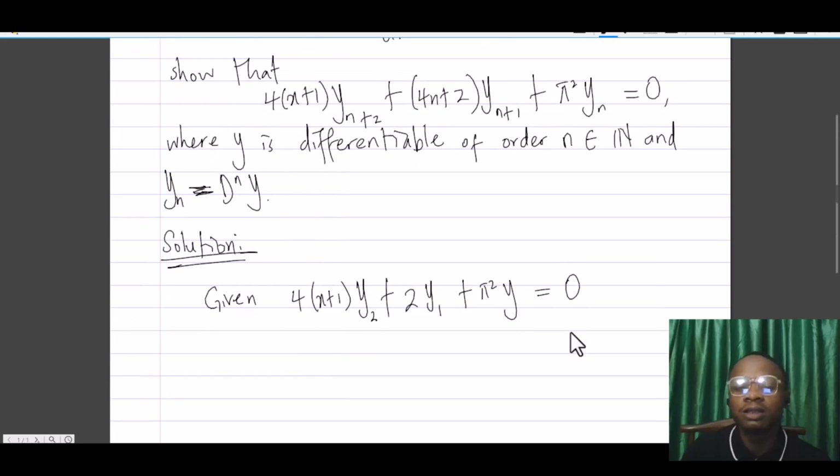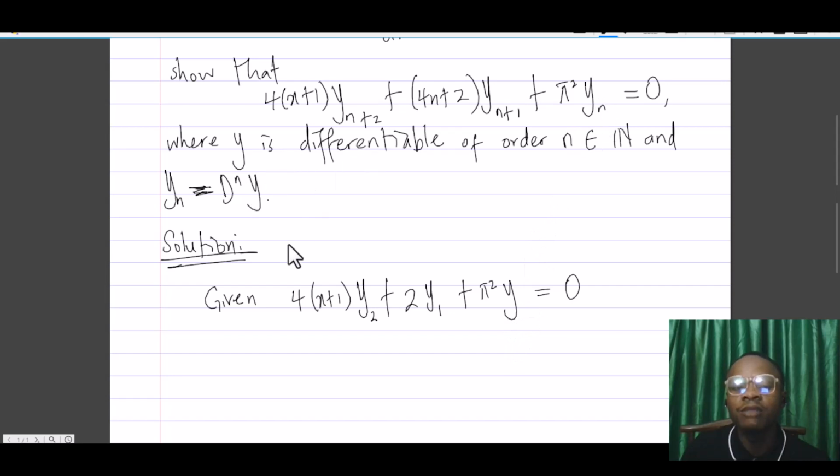So now look at it. Comparing this with this, that is, this is where we're starting from, and this is where we want to go, or we need to get to. We see that this is n plus 2. That is, the y we have here has the second derivative, this one has the n plus 2 derivative, and this one has the first derivative, this is the n plus 1 derivative. This one has the zeroth derivative, this has the n derivative.